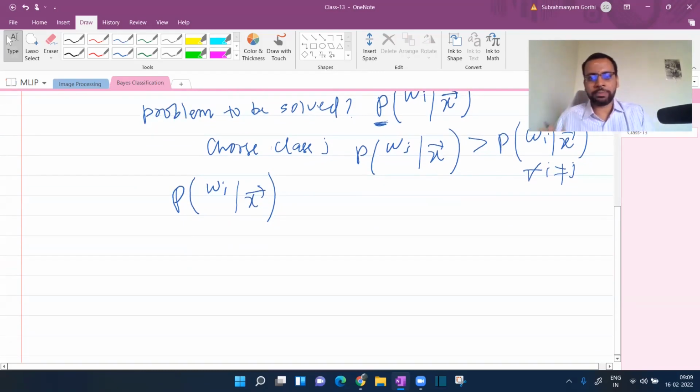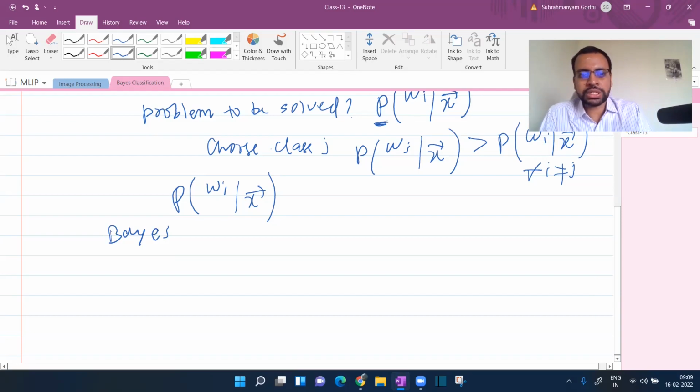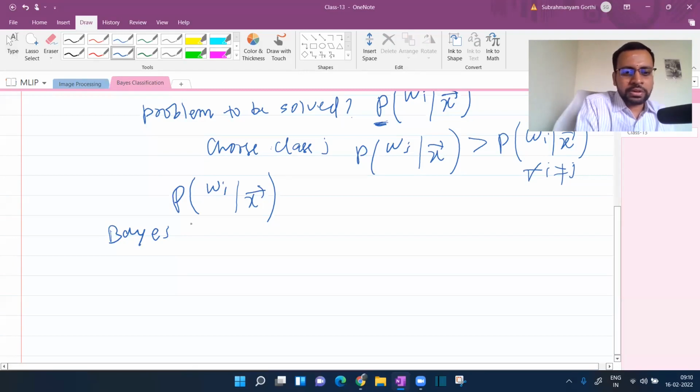So for a moment, just hold on with this term, but let me introduce you the Bayes theorem. I'm sure you would have come across this either in communications or in a probability course or somewhere else. So let me first write this Bayes theorem and then we will go ahead.